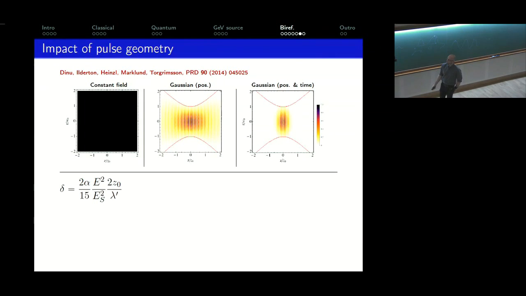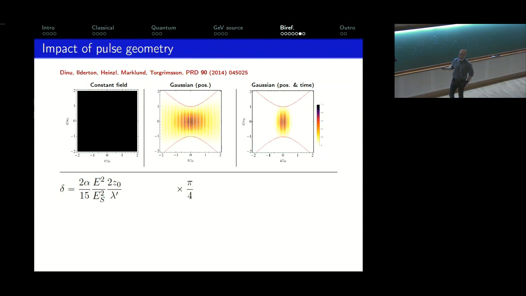So there's the expression you've already seen. Numerical factor, E squared over E Schwinger squared, the wavelength of the probe, and we set the interaction length to be twice the Rayleigh length of the laser, okay? We have to put this in by hand for this case. If you then redo the calculation with a Gaussian beam, you get a very similar expression.